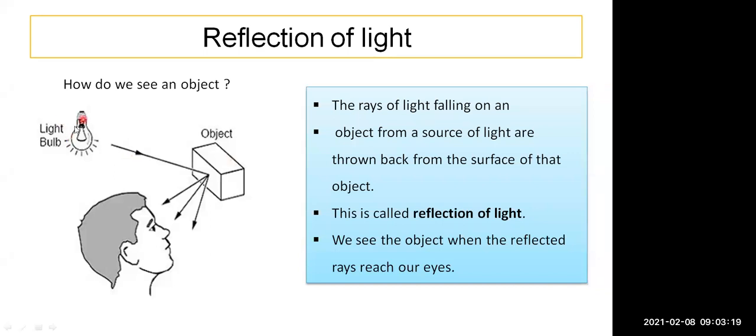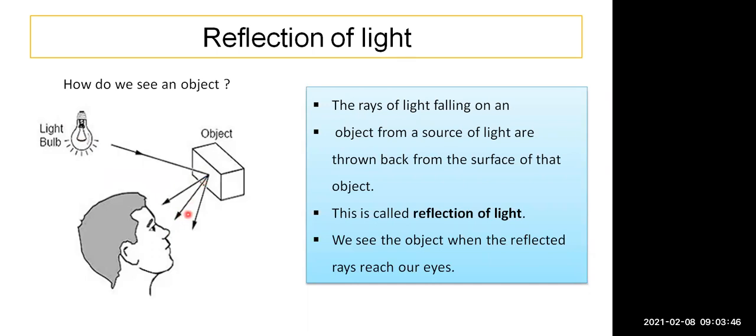Now this acts as a source which emits light. Which kind of source is it? It is a luminous object. This source emits light which falls on the object, and then this light is thrown back. This phenomenon of throwing back of light from the object is called reflection of light.